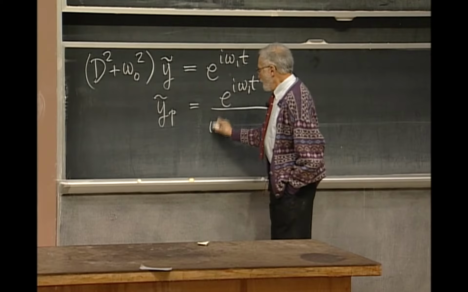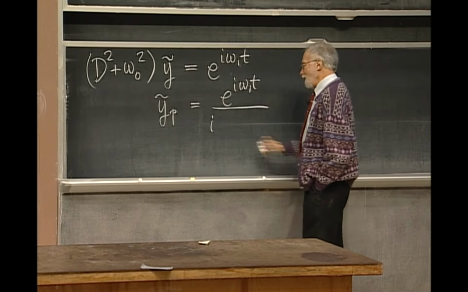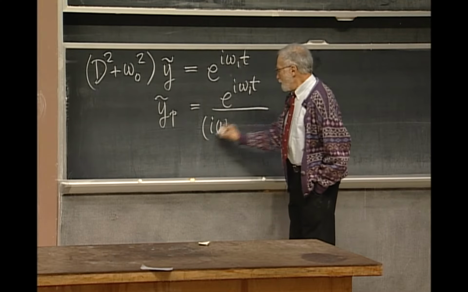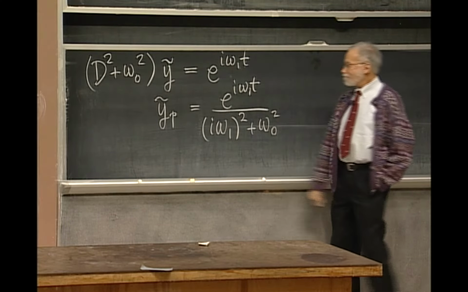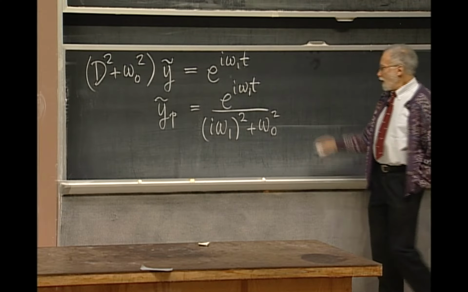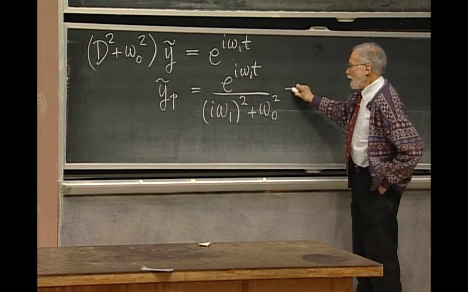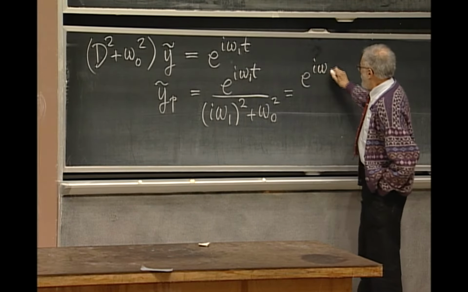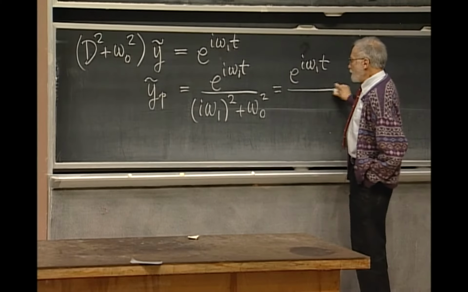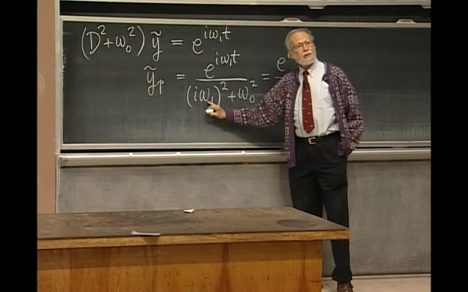So you get i omega 1 squared plus omega naught squared. Let's make that look a little bit better. This should be e to the i omega 1 t divided by omega naught squared minus omega 1 squared.